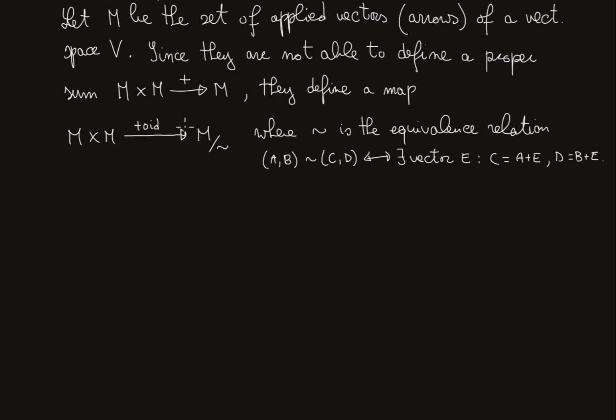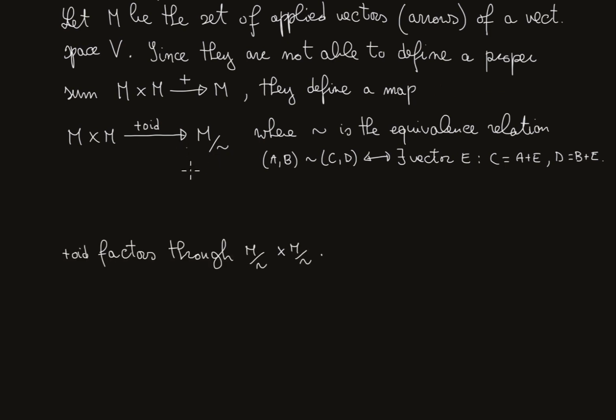Yes, but this structure then is no longer on M. So it is not a structure that gives a closure of M, because the codomain of this sumoid structure, let's call it sumoid, is no longer M, but the quotient of M. And this causes some problems.